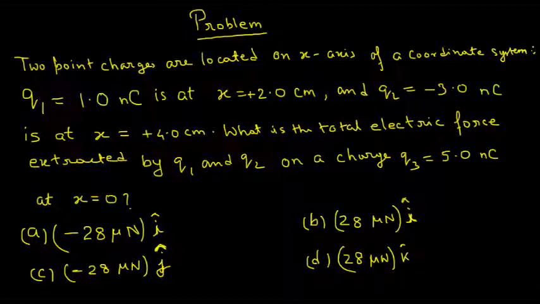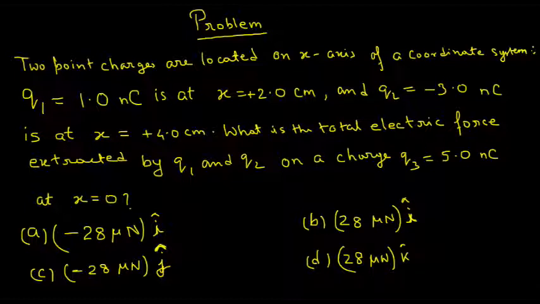What is the total electric force exerted by Q1 and Q2 on a third charge Q3 of 5.0 nanocoulomb at x equal to 0? Options are A, minus 28 microcoulomb, and B, 28 microcoulomb.